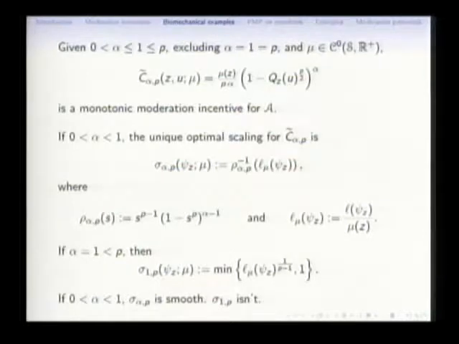For these situations where alpha is strictly between 0 and 1, they may not be the prettiest formulas in the world, but they are explicit formulas. Things can be neatly expressed in terms of the ratio of this, which is built out of the evaluation of that, given your auxiliary variable.